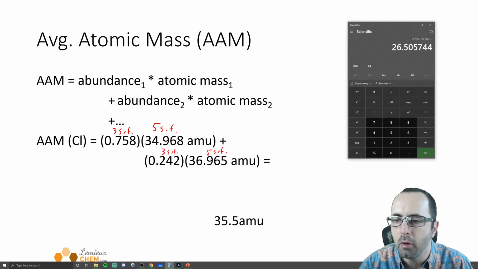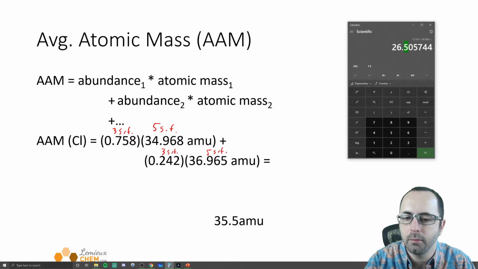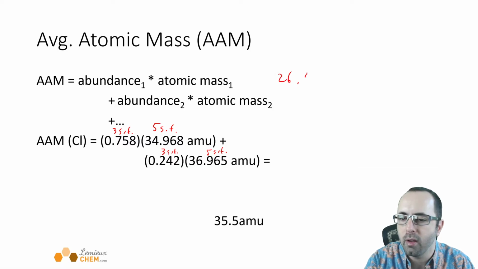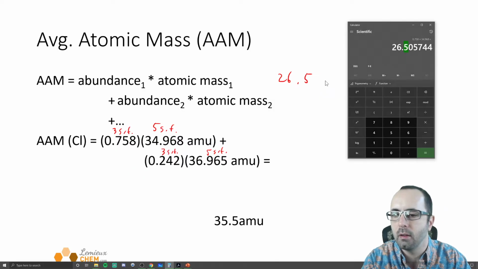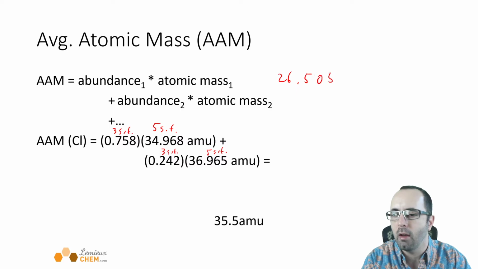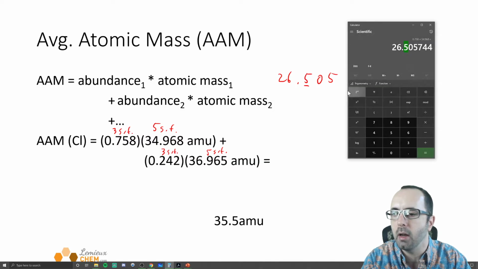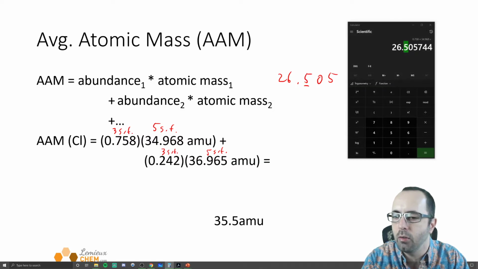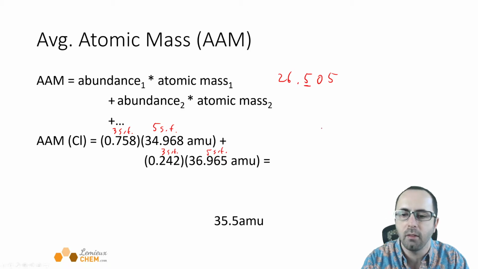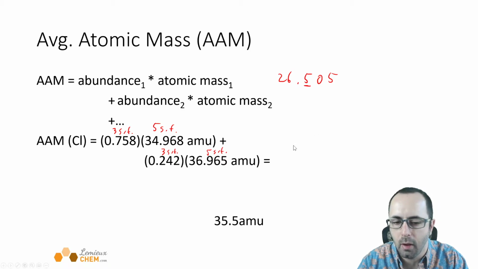We should remember that we've only got 3 sig figs, so our last sig fig is the 5. So when I write this down, I'm going to write 26.505. I can write more, but I need to remember that the 5 is my last sig fig, so I can underline it that way. You could round it too if you want.